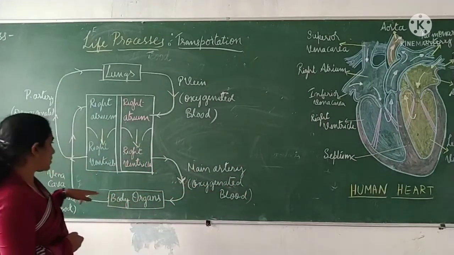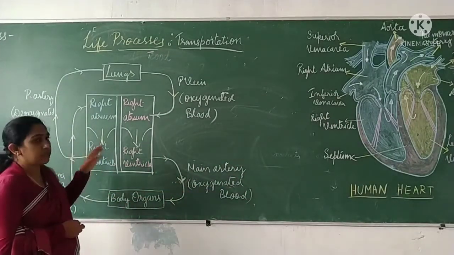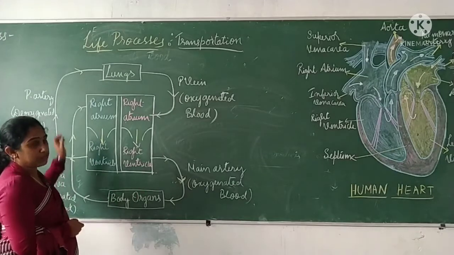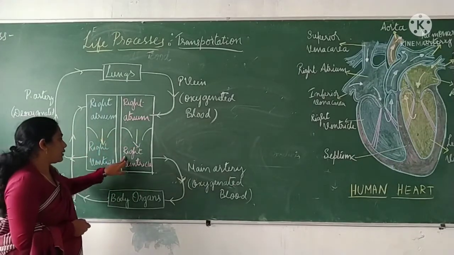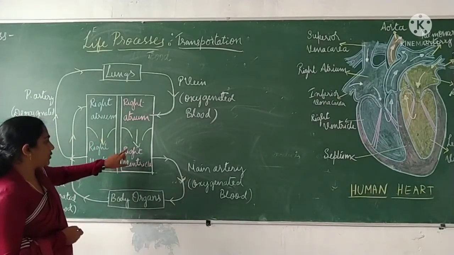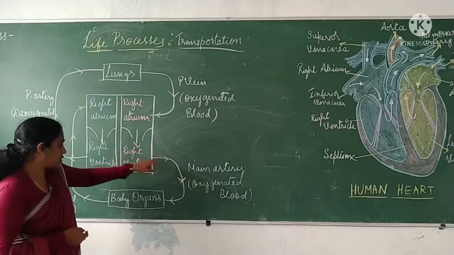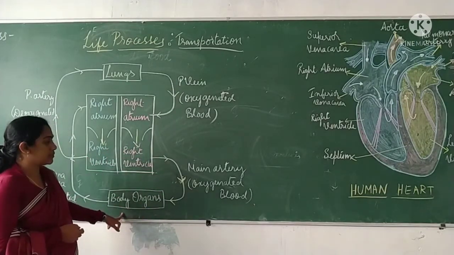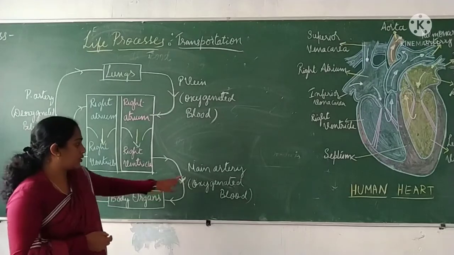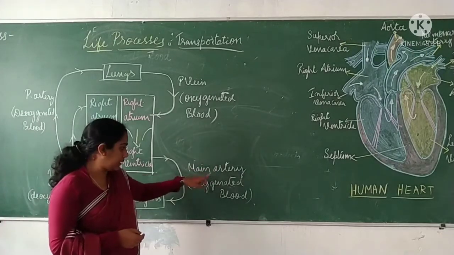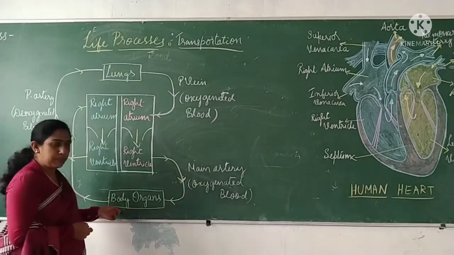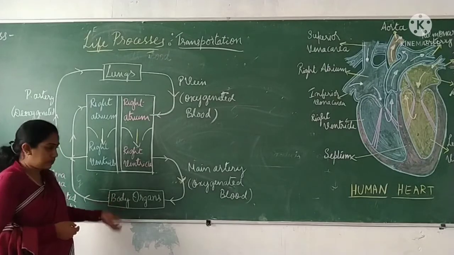The other one is systemic circulation, wherein the blood moves from the heart to the body parts and back to the heart. From the right ventricle, the oxygenated blood moves to the body parts. It is supplied through the aorta, the main artery. In the body parts it is used up.